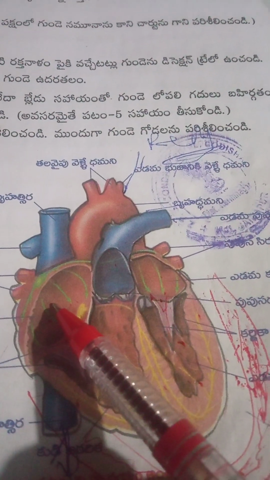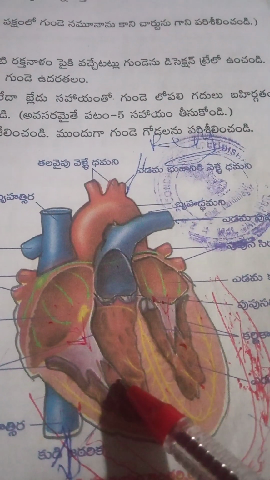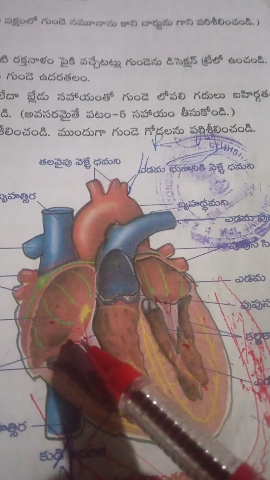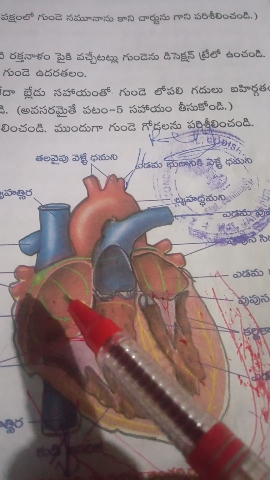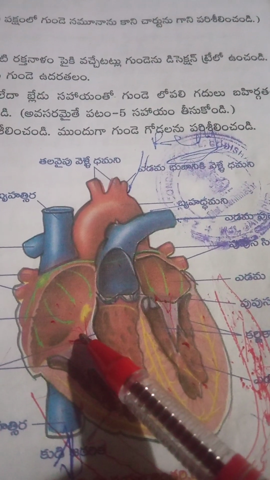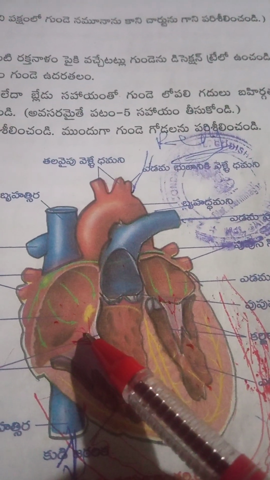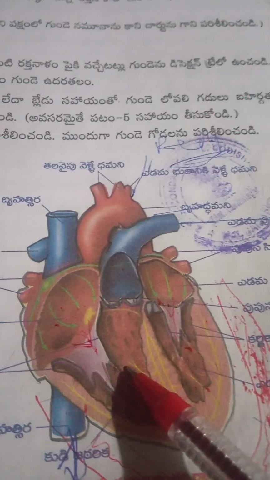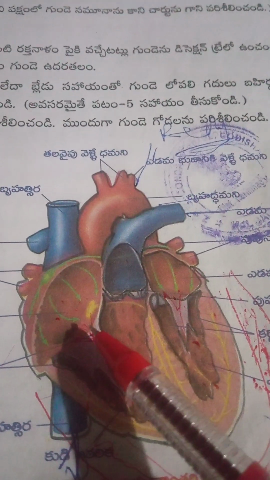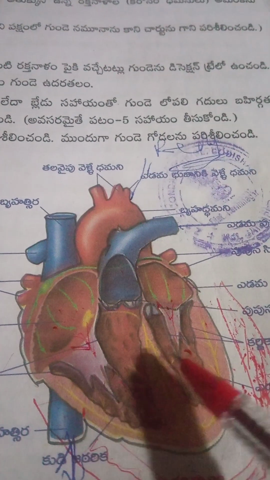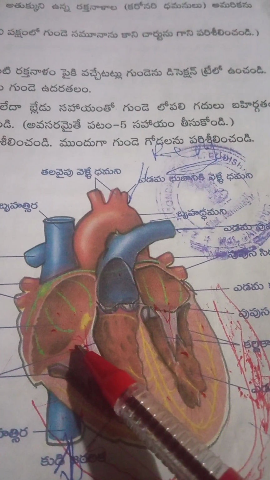Repeating once again, the openings are present in between the auricles and ventricles on the septa.